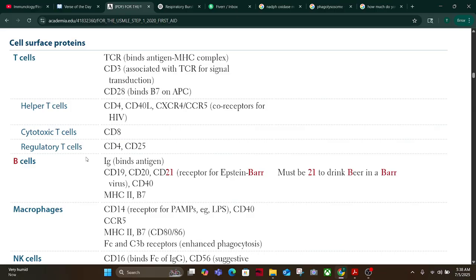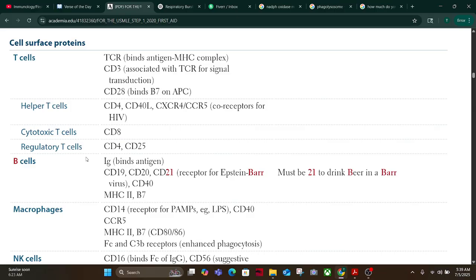Next we have macrophages. CD14 and the CD40 and CCR5, MHC class 2 and B7 are all on the macrophage. FC and C3b receptor. So FC and C3b receptor are on the macrophages also.